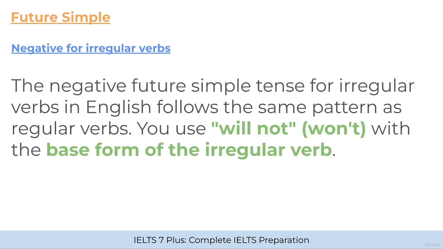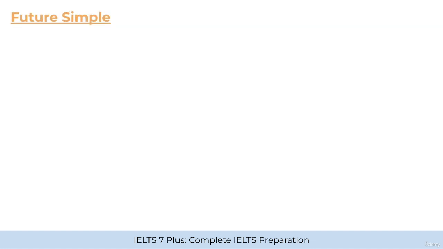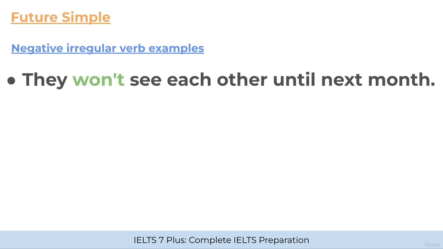Irregular verbs, well, we follow the same pattern. There's nothing different here. You use will not or won't with the base form of the irregular verb. Let's see this. They won't see each other until next month.